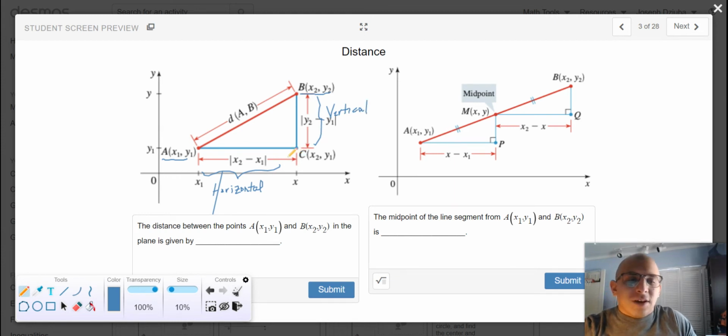And if you remember anything from your time in geometry, hopefully it wasn't traumatic, you'll see both the horizontal and the vertical change, including the distance between those 2 points, creates a right triangle.